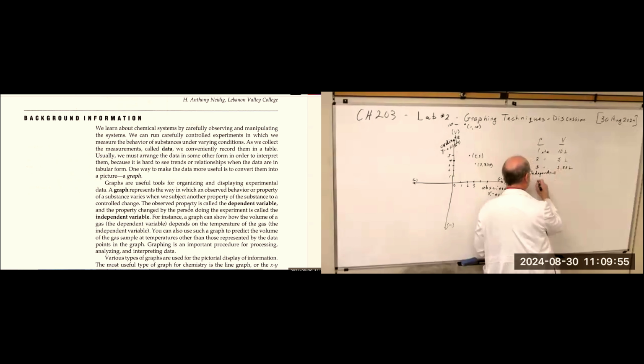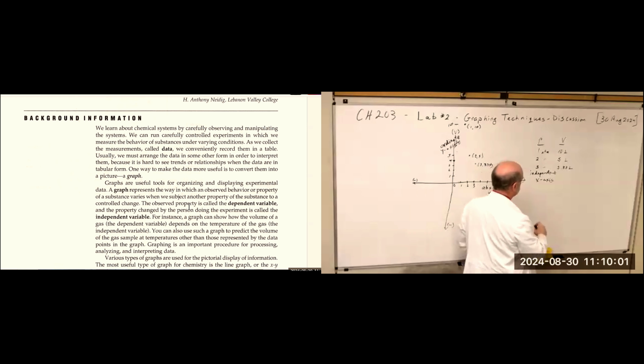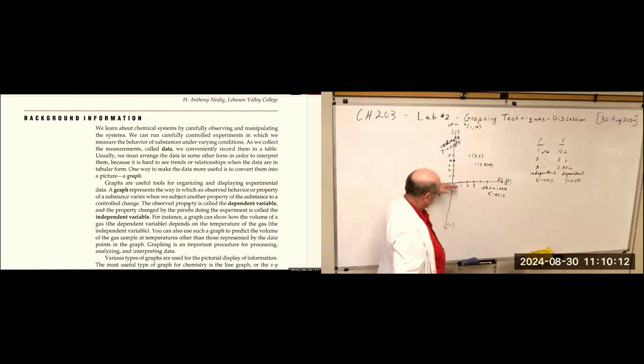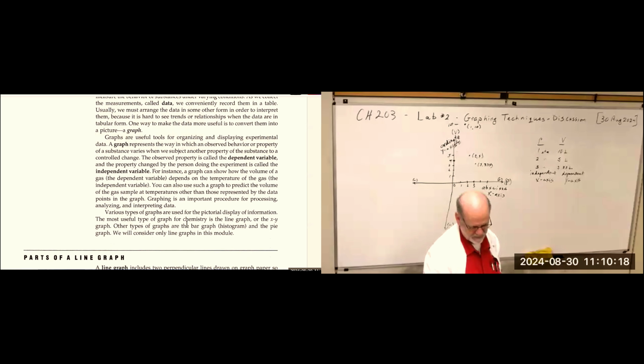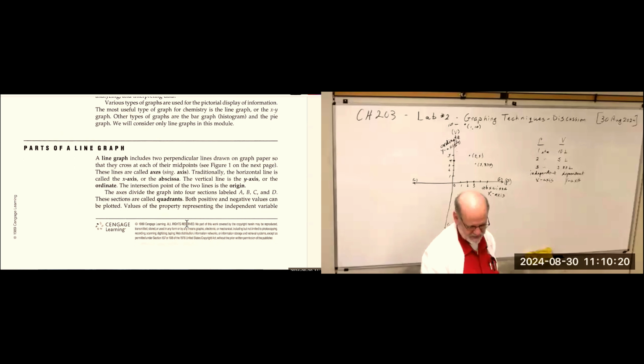The independent variable is always on the x-axis. That's why I put the pressure down here. And the dependent variable is the one that responds to what I do. That's on the y-axis. Okay? Independent, dependent. Let's see. Yeah, I did spell it right.